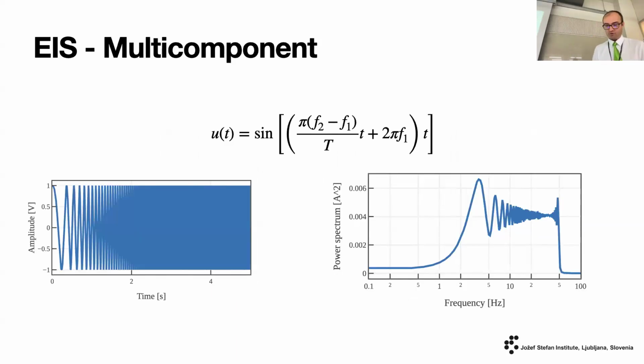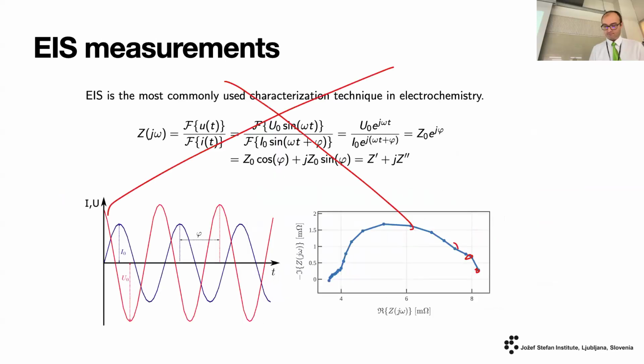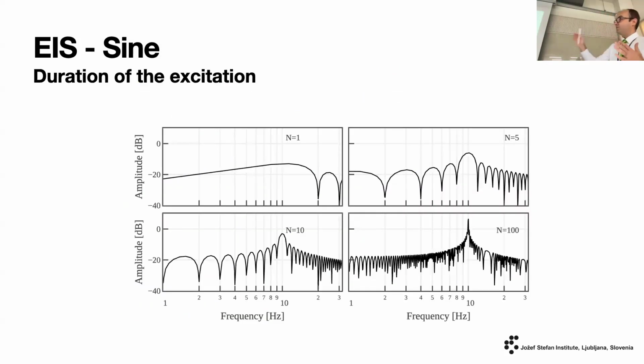Why? As you see here, we have a Fourier transform. If you remember from the slide before, the Fourier transform had integration from plus to minus infinity. Well, if we have a short signal, let's say only one period, and this is a 10 Hertz signal here, this signal is not infinitely long. And if we calculate the Fourier transform, we will get this plot here.